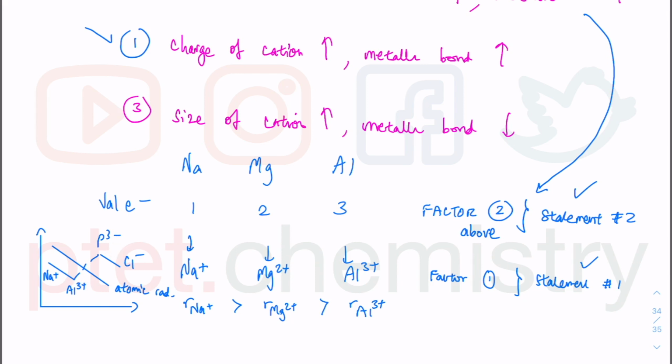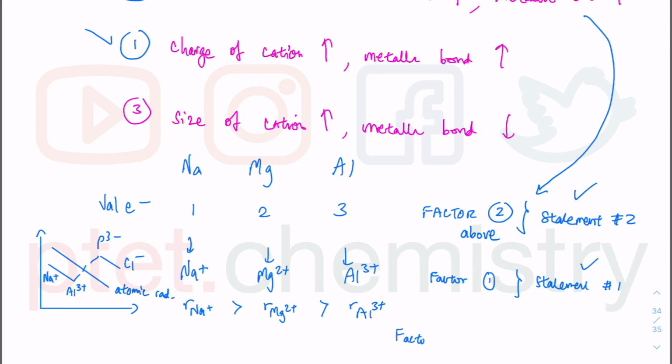So these are the ionic radius, these are the atomic radius. These are very popular multiple choice questions which they could ask in the theory paper as well. Okay, so that is factor number 3. Statement 3 is definitely correct, and therefore 1, 2 and 3 are all correct.